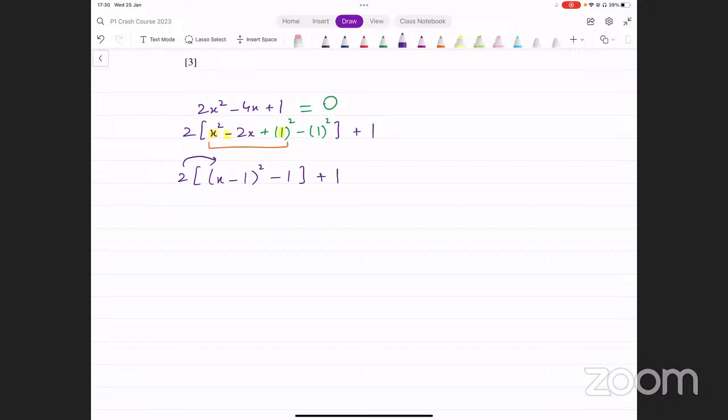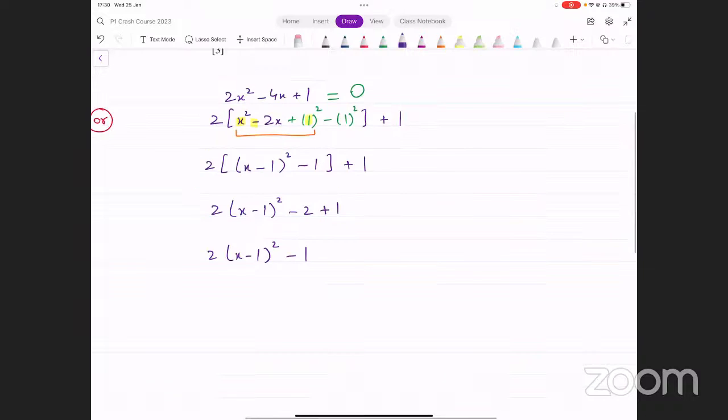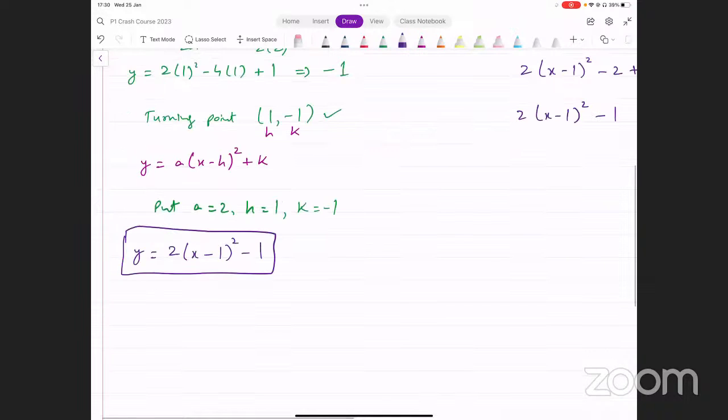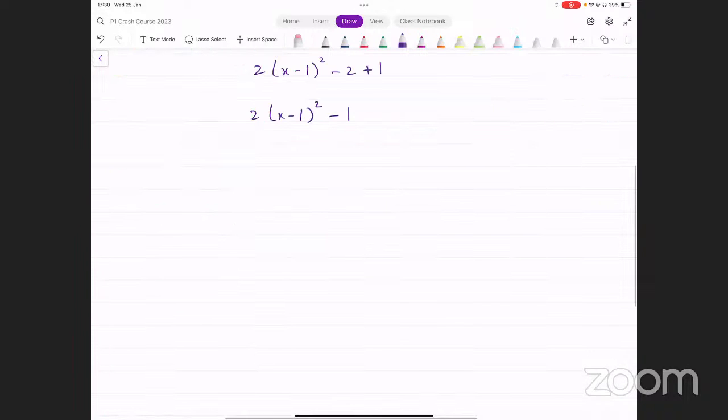Now you multiply 2 inside, which becomes 2 into x minus 1 whole squared, then 2 into this thing. That's minus 2 plus 1. And that gives you 2 into x minus 1 whole squared minus 3. Sorry, minus 1. Okay, this is what we get. And that's exactly what we got in this case as well. So that's the function that you're getting there as well.